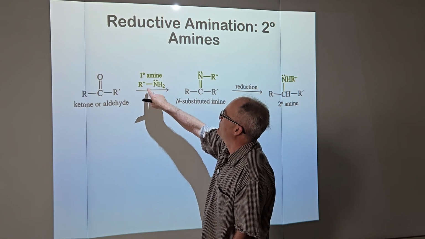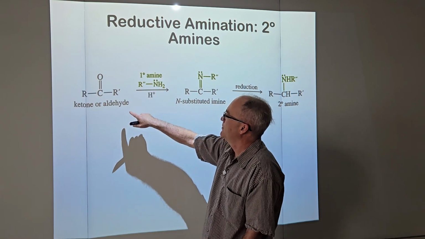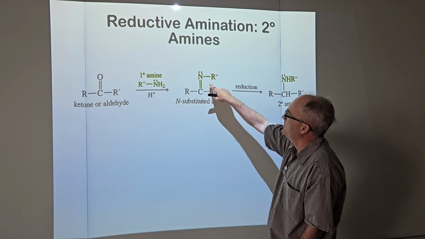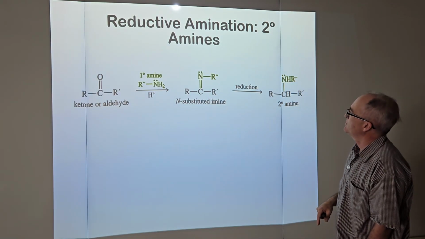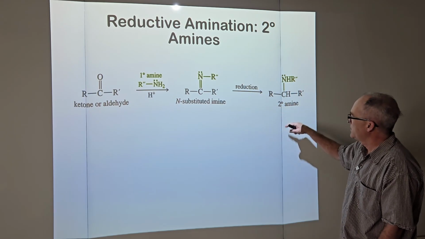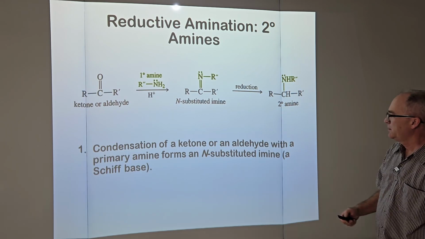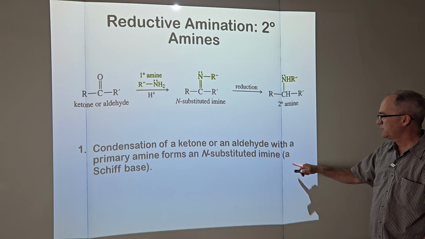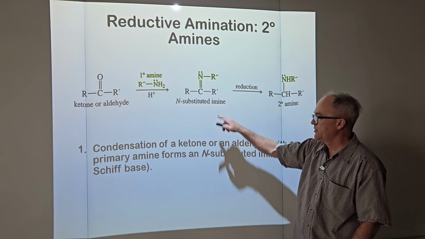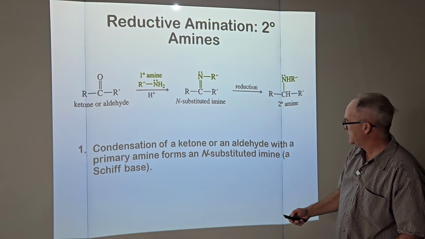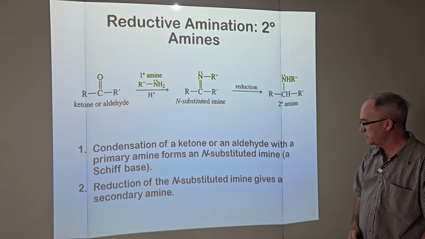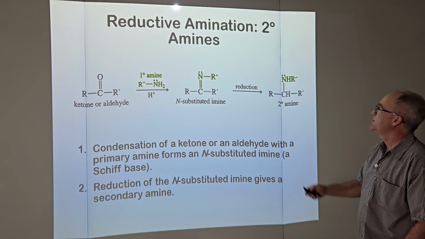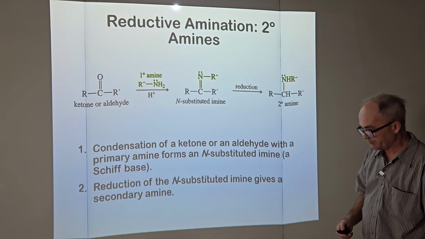So here is a primary amine from a ketone or aldehyde. So here's our amine formation. Looks like that quiz question. And we reduce that and we can get a secondary amine. And in the ketone chapter, we call this thing a Schiff base. An N-substituted imine is a Schiff base. You reduce that, you get a secondary amine.